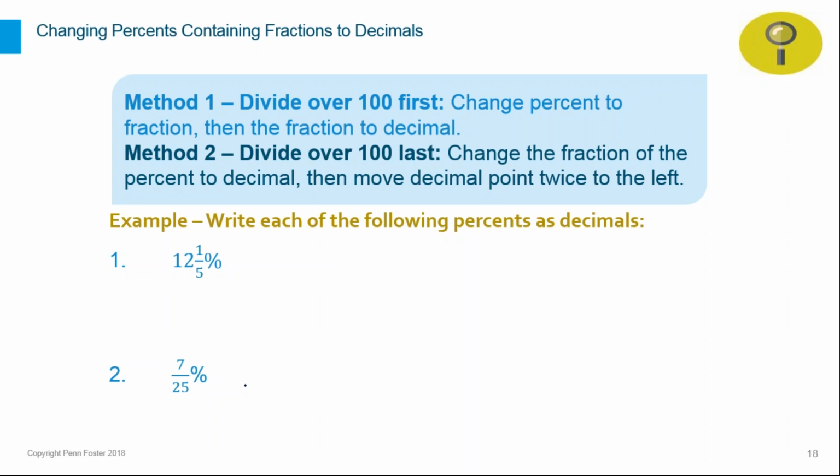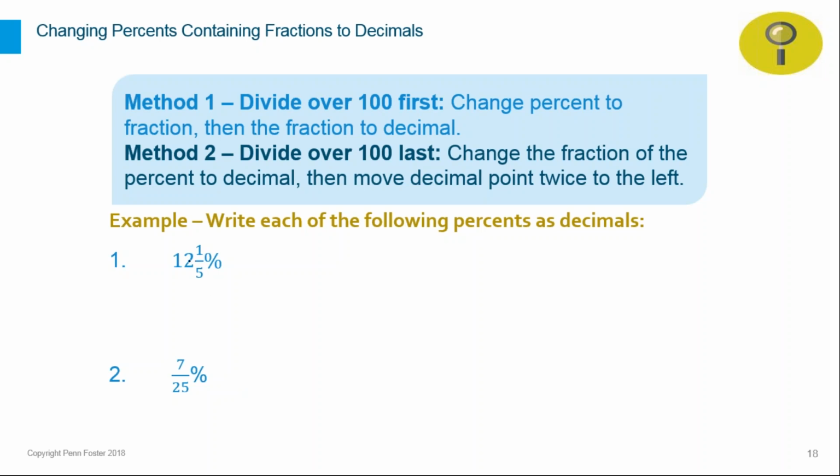Okay, so the way we're going to do it is we're going to think about the general method. So the general method is to divide over 100 because we want to get rid of the sign. We want to have just only a decimal number. So we can divide, although we cannot divide using the mixed number that we have. So change it to an improper fraction.